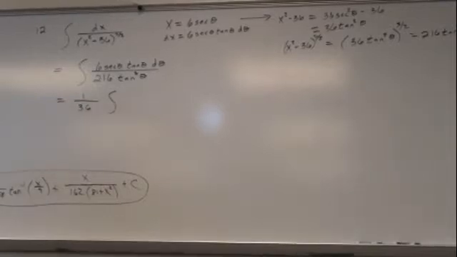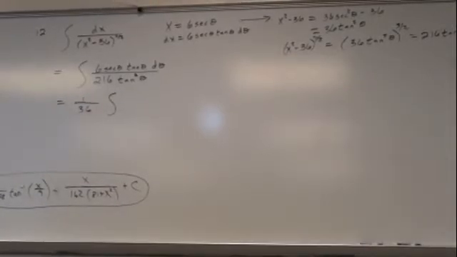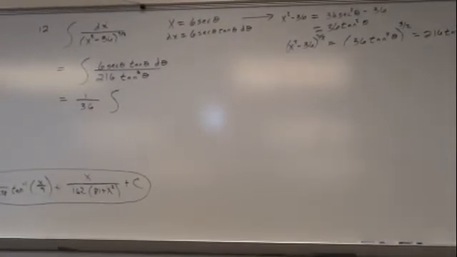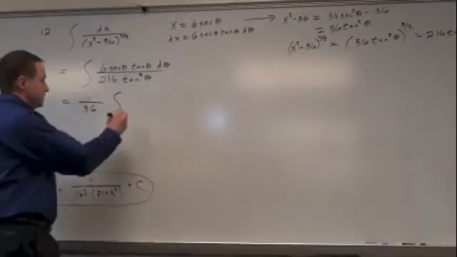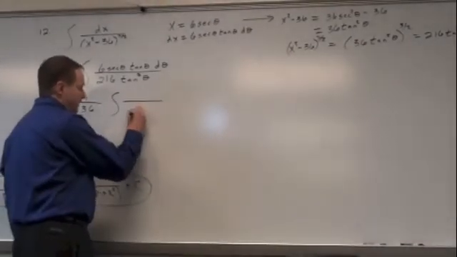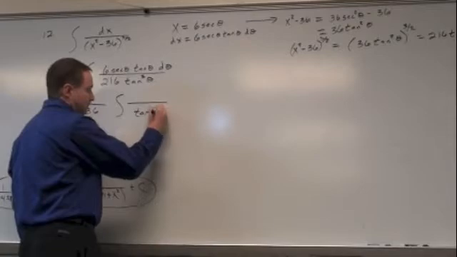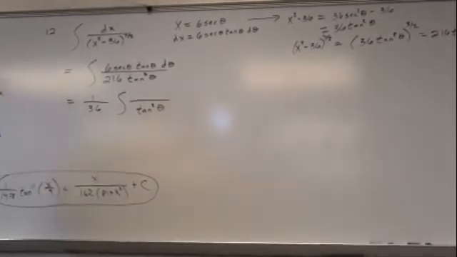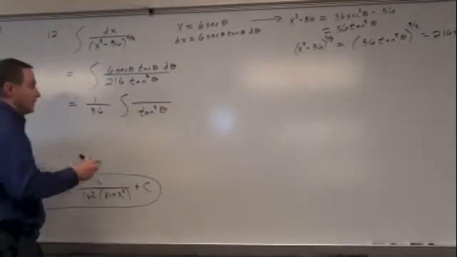Now, on the interior of this, I know that my numerator has a tangent that can cancel out with one of the tangents in the denominator, and it will leave tangent squared. And it has a secant that does not cancel out.